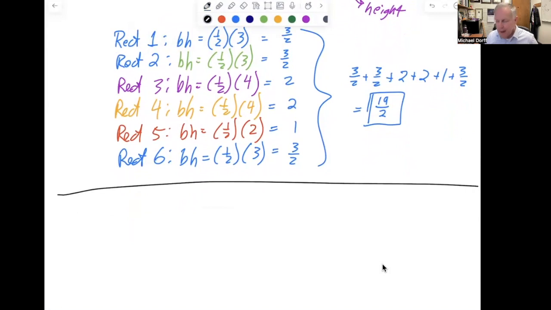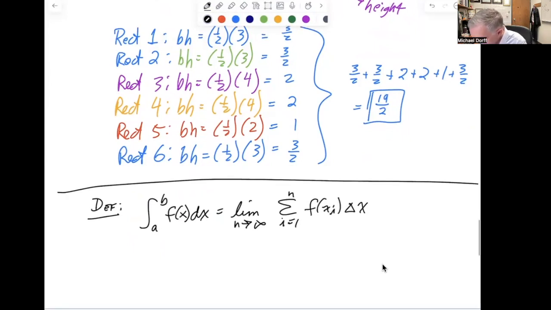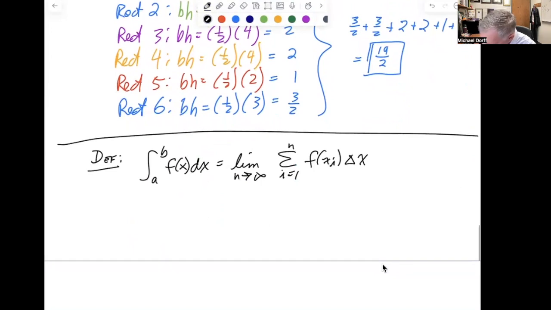Okay, let's go back to the definition of the integral. So the definition of the integral, which was the integral from a to b of f of x dx, can be written as the limit, as n goes to infinity, of the sum i equals 1 to n of f of x sub i delta x, where we remember that delta x equals b minus a over n, and x sub i equals a plus i delta x.